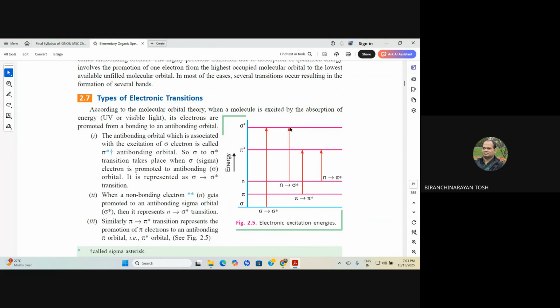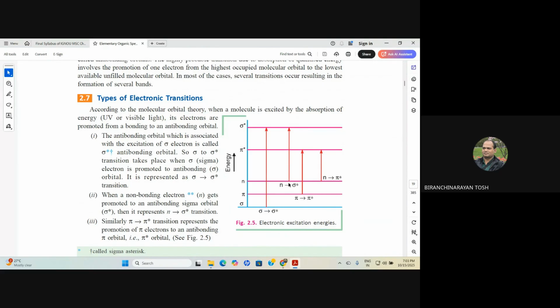So sigma bonding and the associated sigma antibonding will be there. No pi bond, but due to the presence of lone pairs of electrons over oxygen in case of alcohol or amine, whatever it may be, there will be an n to sigma star transition, which requires lesser energy.